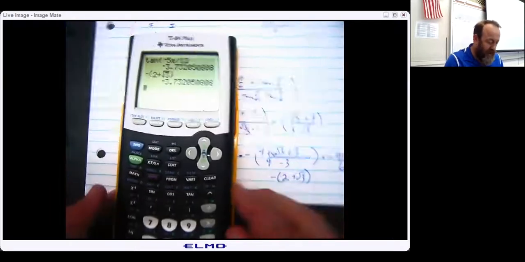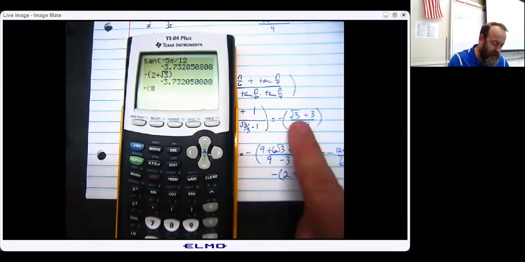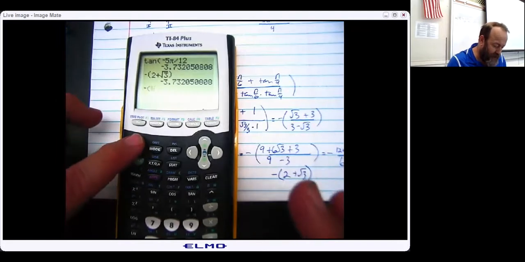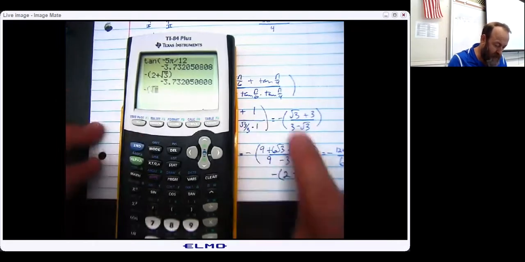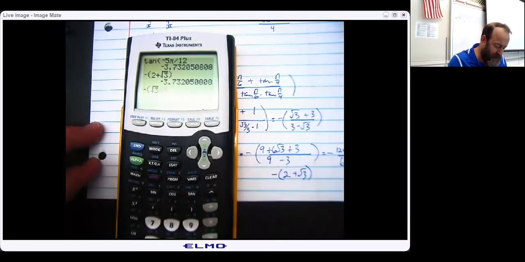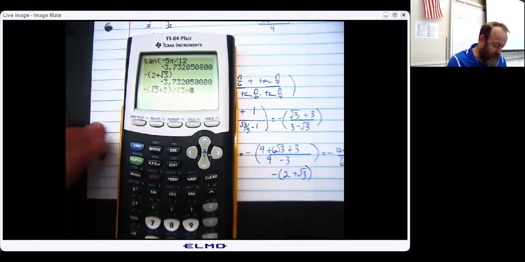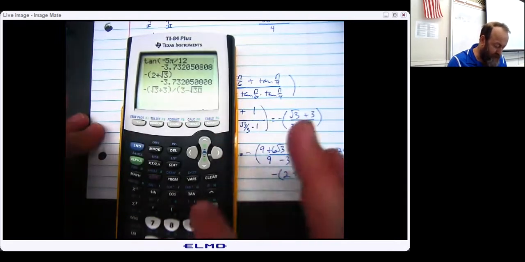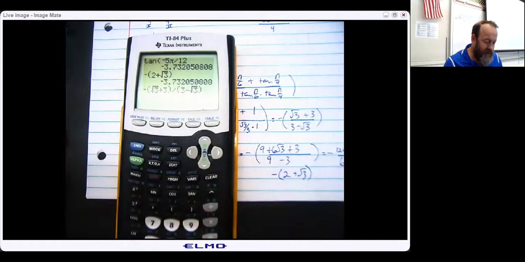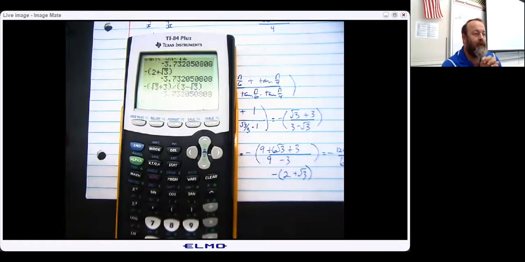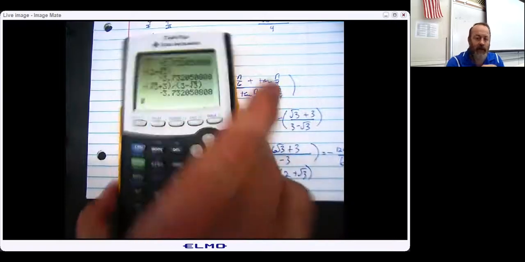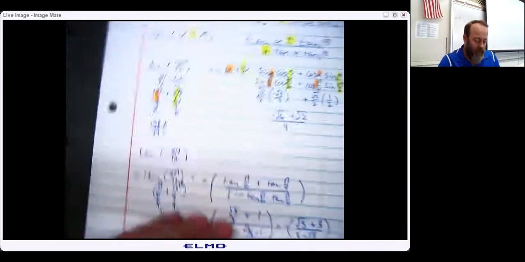Like you might have stopped with negative parentheses, and I've got to be really careful here. I've got a √3 plus 3 divided by 3 minus √3. And that should also give me negative 3.73. So no matter how I structured that problem, it actually came out reasonably well.